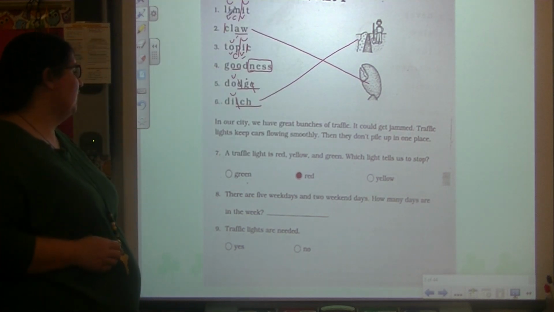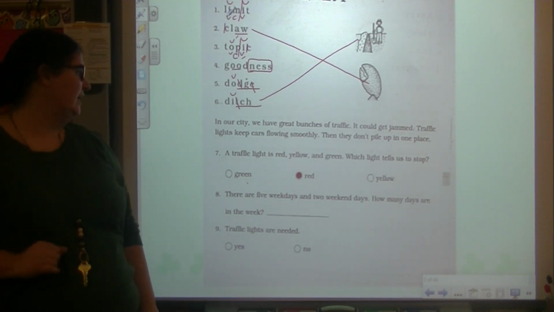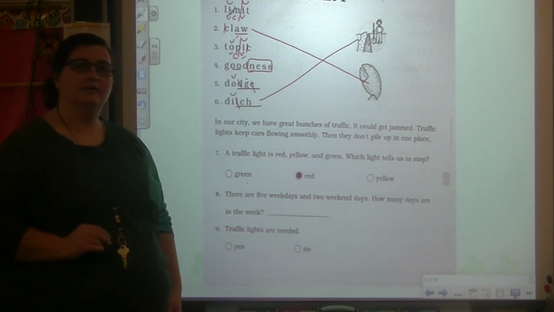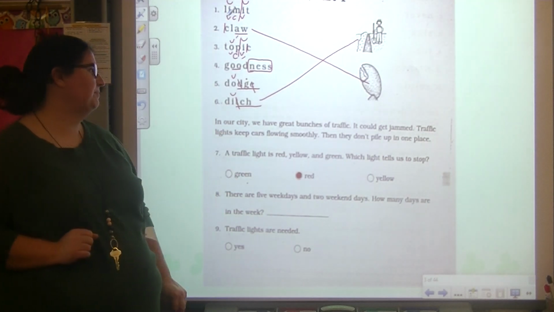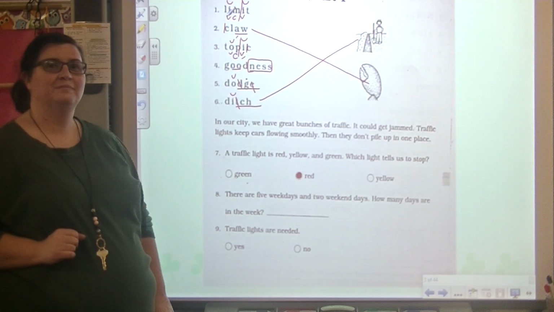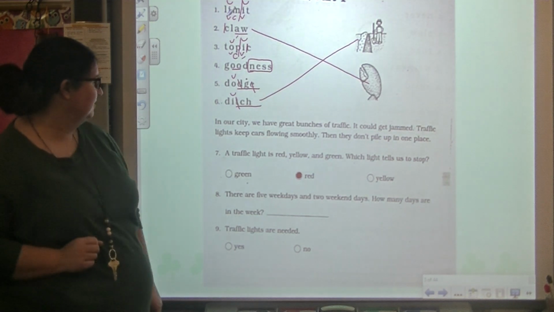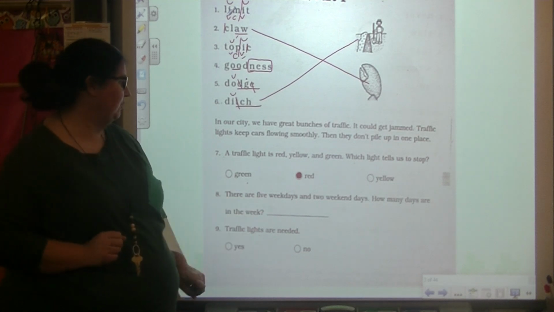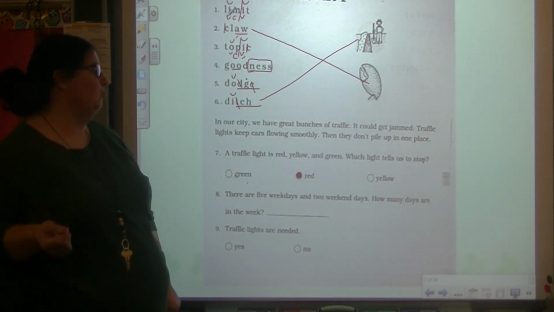Number 8, there are 5 weekdays and 2 weekend days. How many days are in a week? Well, guys, does that really have anything to do with the passage? Not really. All right, so there are 5 weekdays and 2 weekend days. How many days are in a week?